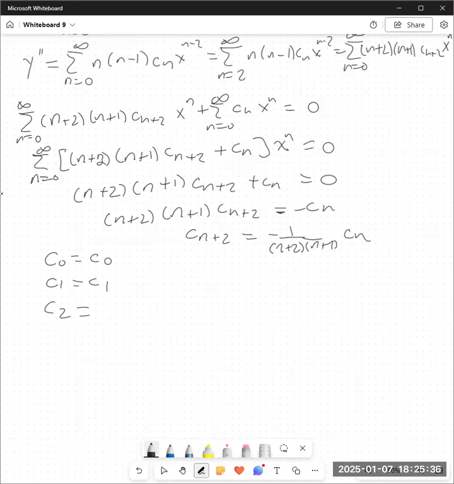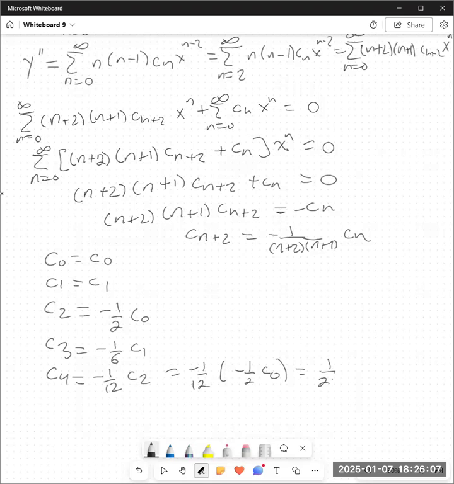So when n equals 0, we have 2 times 1 is 2. That's negative 1/2 c0. c3, when n equals 1, is going to be 3 times 2 is 6, so negative 1/6 c1. c4 is going to be when n equals 2. 4 times 3 is 12. That's negative 1/12 c2, but c2 is already defined as negative 1/2 c0.